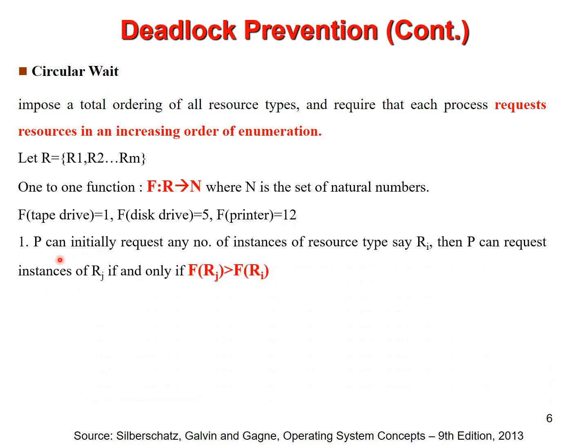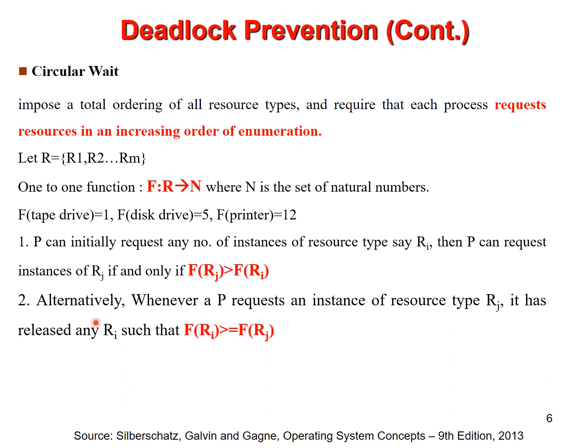So the first protocol says that if the process initially requests any number of instances of a resource type, say Ri, then the process can request instances of Rj if and only if f of Rj is greater than f of Ri. Here Rj represents the resource that the process is requesting now, and Ri is the one it initially requested. So f of Rj should be greater than f of Ri.